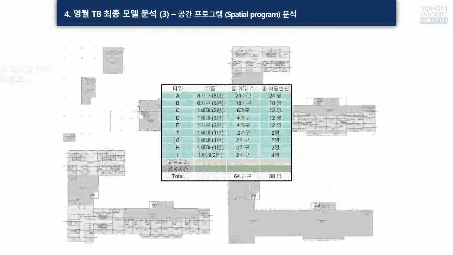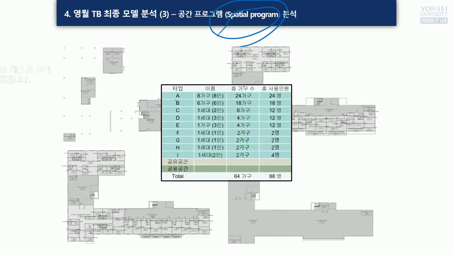And spatial program review, as I mentioned before. Take a look. If you have very complicated space allocation and their combinations, take a look. Very complicated combination. A unit for 8, unit for 6, unit for 2, unit for 3, unit for 1.